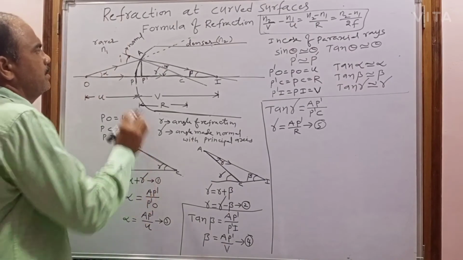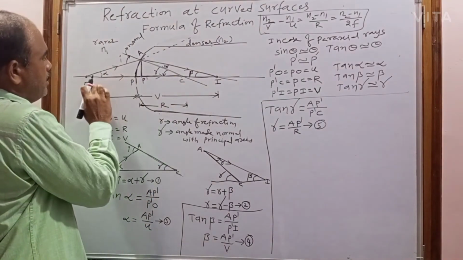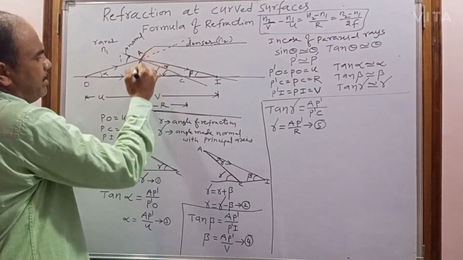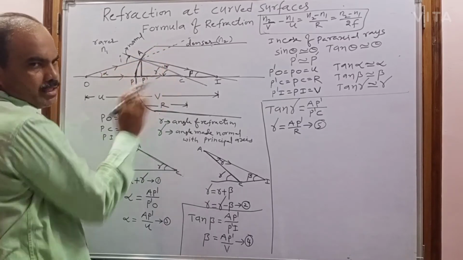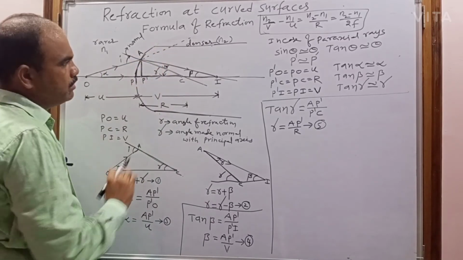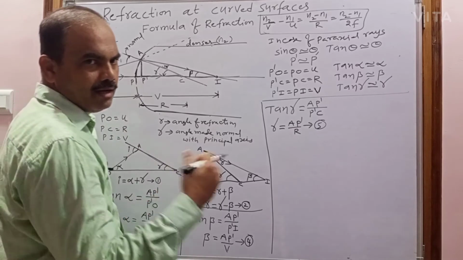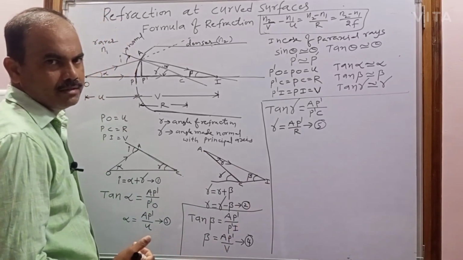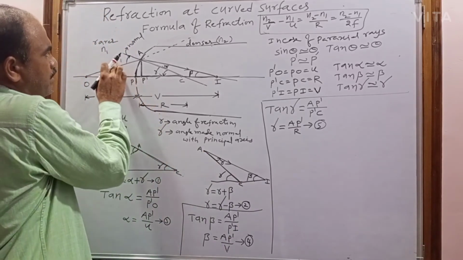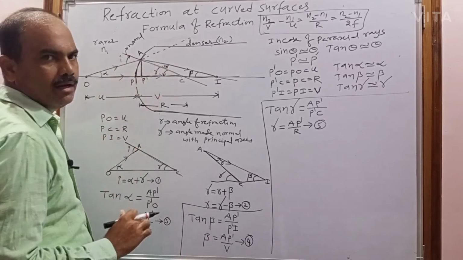But when I am discussing how this object image can be formed, what phenomenon did we take here? Refraction. So when I come to the second law of refraction, it gives the relation between the angle of incidence and angle of refraction.